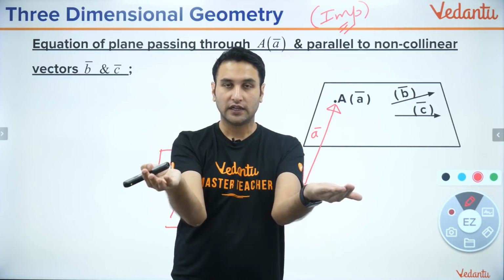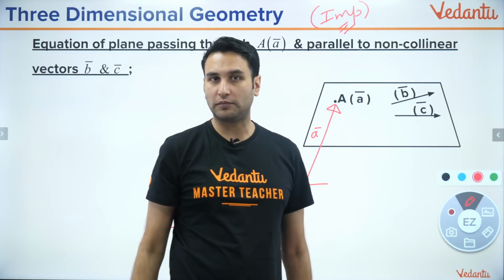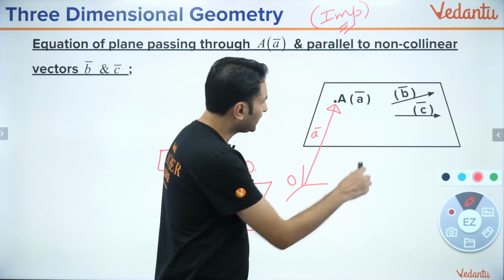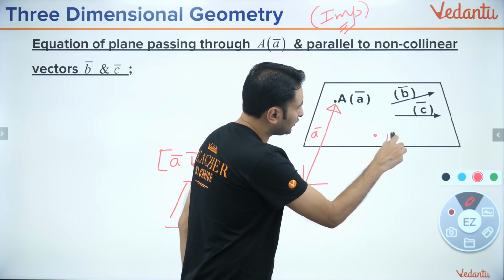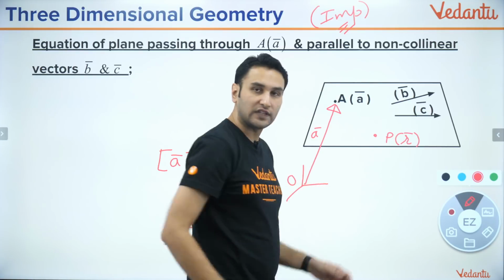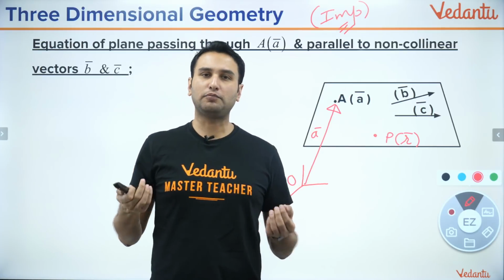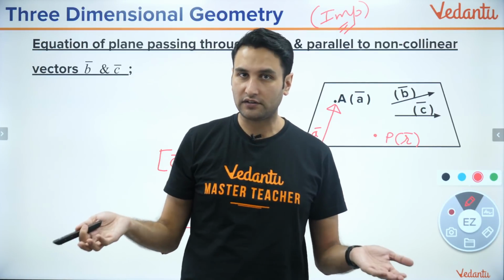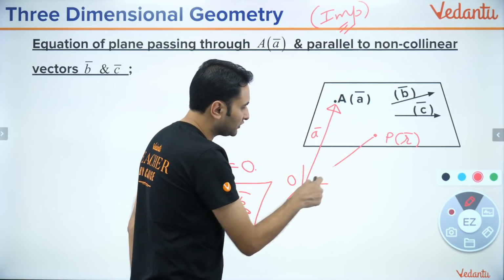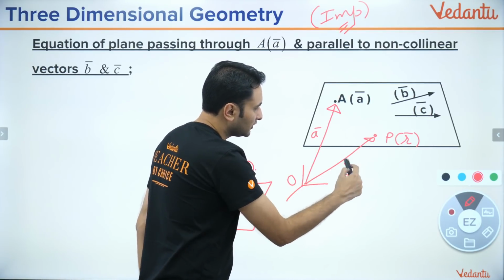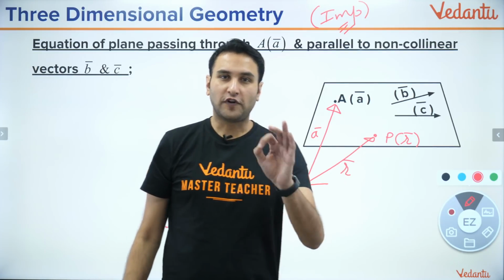Did you understand? Now we have to write down the equation of the plane. How? Very simple. Take a general point. We always take a general point because that is what leads to the equation of plane. So any general point on the plane is given by the vector r. So r vector is the position vector of any point on the plane. Finally, what do you want?